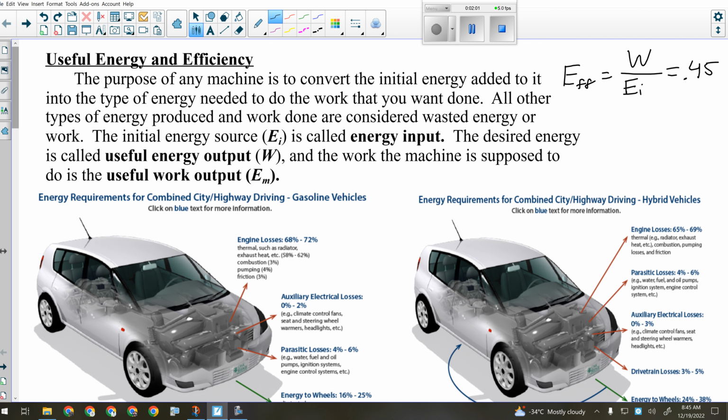Now, how efficient would you accept something to be, do you think? If you had a process that you had to use on a daily basis, how efficient would you want it to be? At least 70%. I'd say at least 70%.